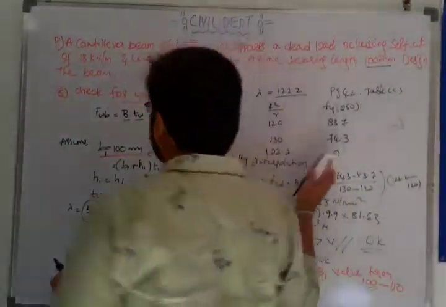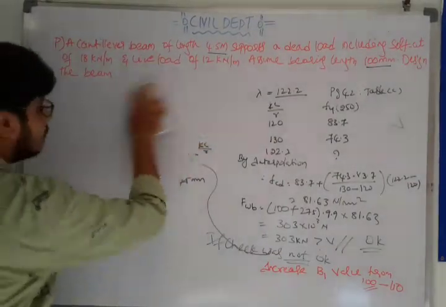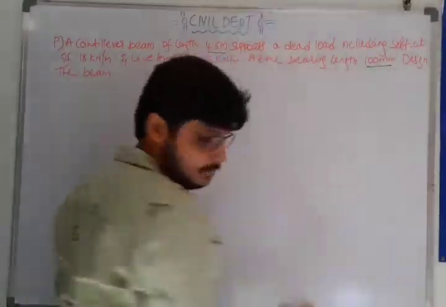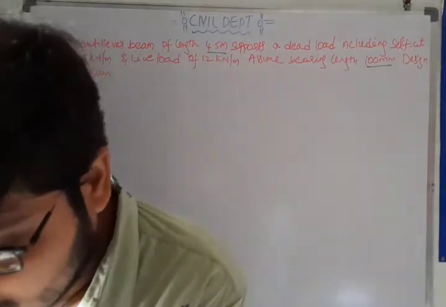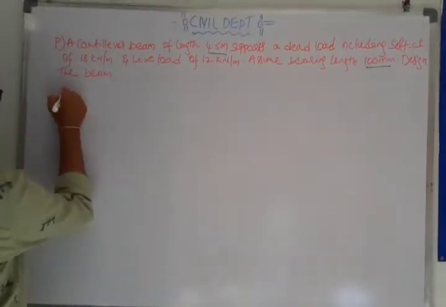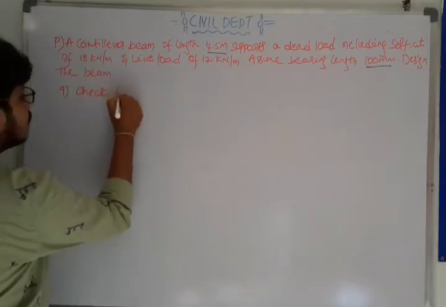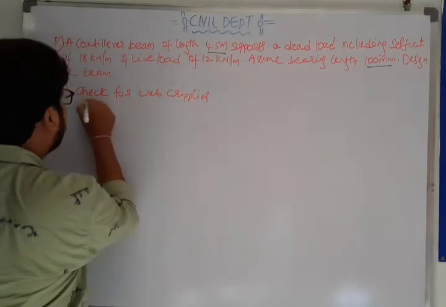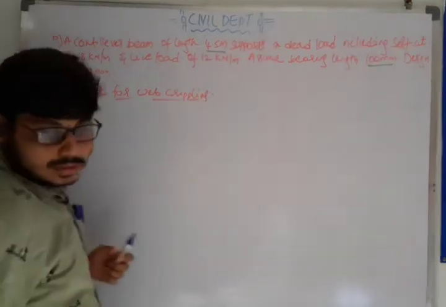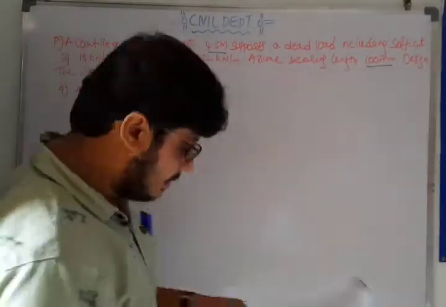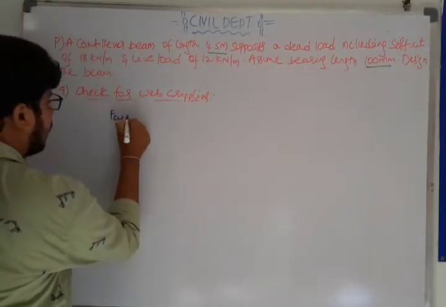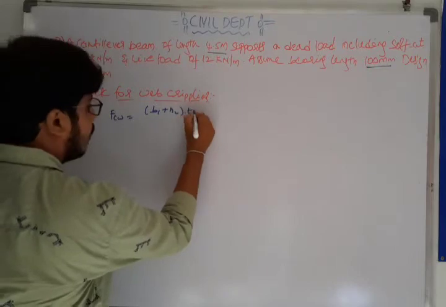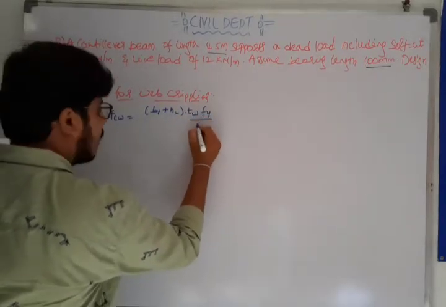Next one, the last step, check for web crippling. The formula is F_CW is equal to (B1 plus N2) into TW into fy by gamma M0.